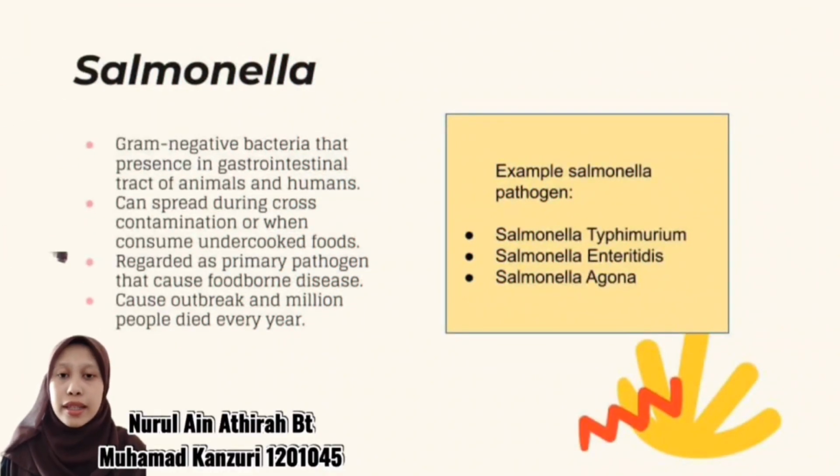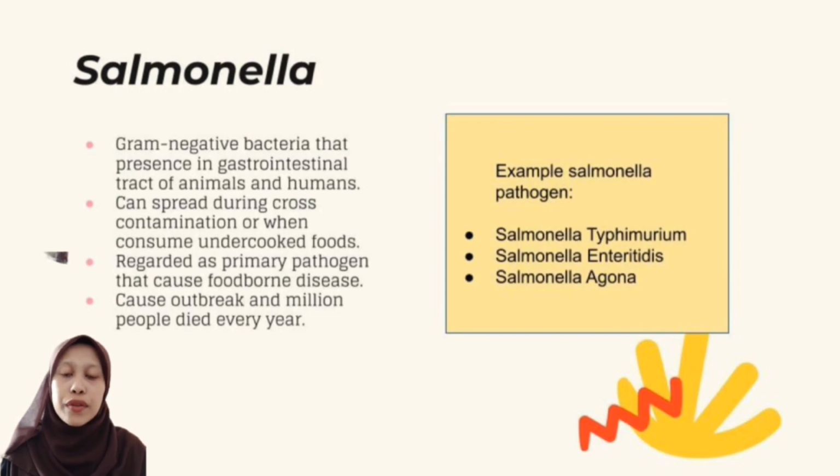Other than E. coli, Salmonella is also one of the food pathogens that affect food safety. Salmonella is a gram-negative bacterium that is present in the gastrointestinal tract of animals and humans. It can spread through cross-contamination during food preparation or when humans consume undercooked foods.